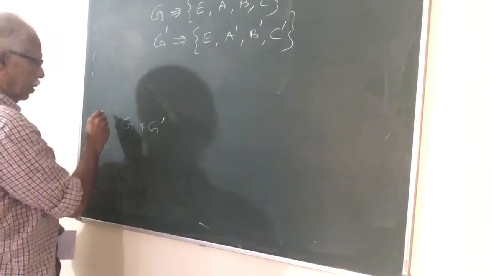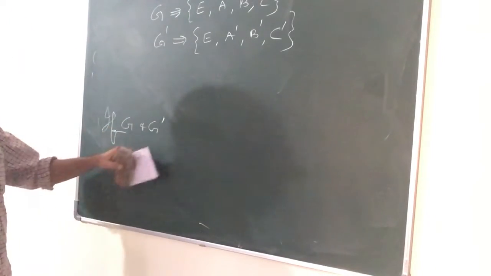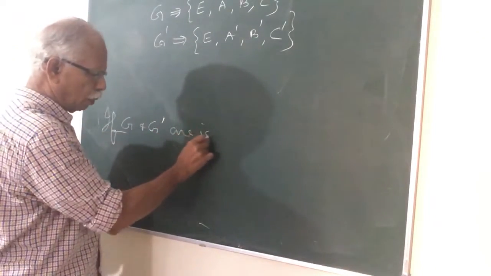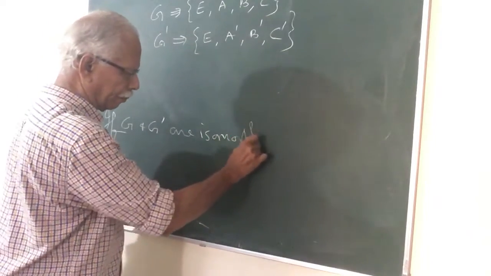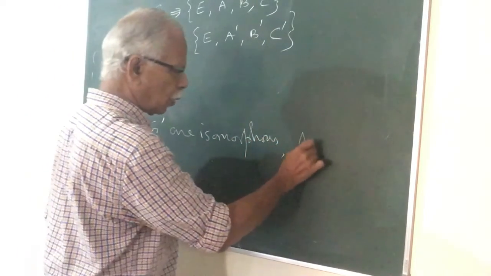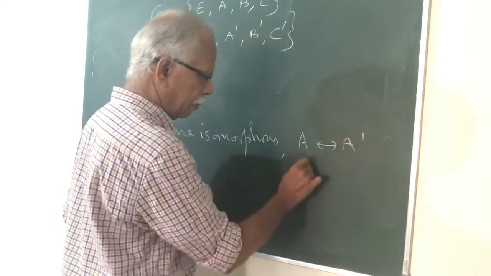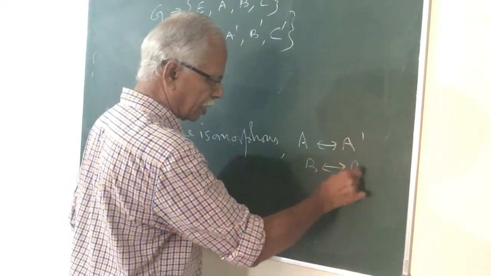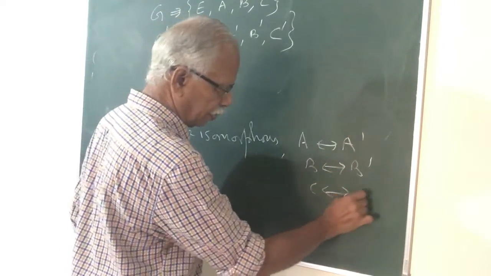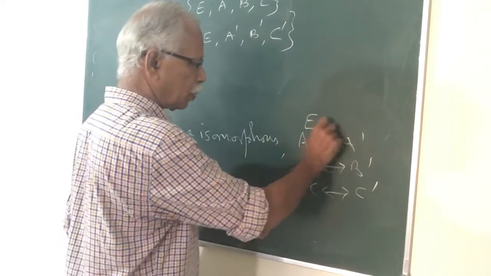If G and G dash are isomorphous, then A corresponds to A dash, B corresponds to B dash, C corresponds to C dash. E of course corresponds to E.